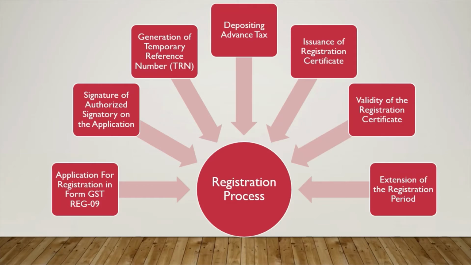The tax amount so deposited equals the approximate tax liability for the period for which the non-resident taxable person has availed registration. This tax amount gets credited in the electronic cash ledger of the applicant. The use of the electronic cash ledger is made pretty clear at this point.